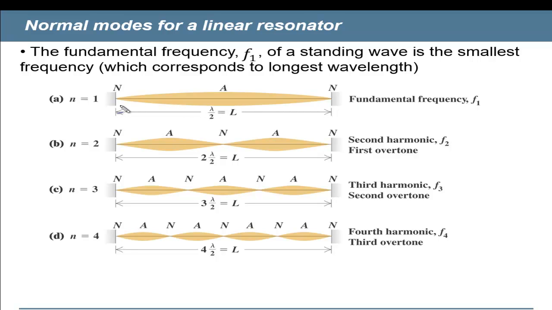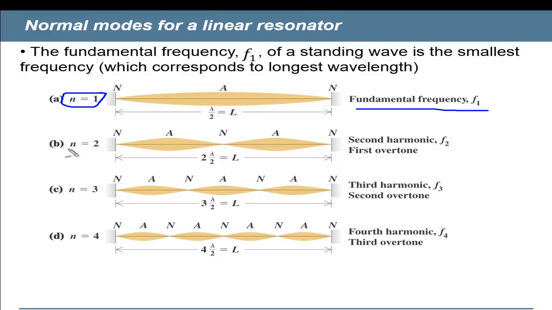If my wavelength over 2 is equal to L, then this will give me my smallest frequency, and this is what we call the fundamental frequency, in which half the wavelength is taken up in the entire length of the medium here, and then the wave reflects back, and we have the other half of the wavelength on the way back. This is the first picture we saw when we first introduced standing waves. We call this the fundamental frequency when n is equal to 1, and it's the smallest frequency and the longest wavelength that we can have for a standing wave.